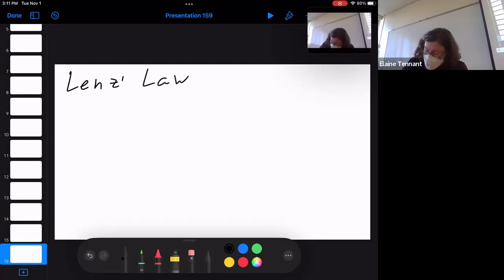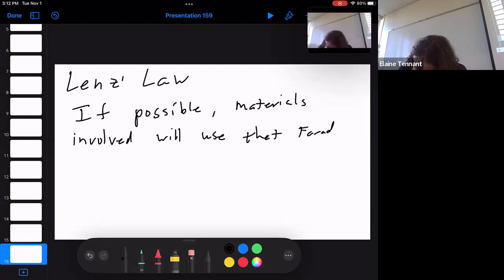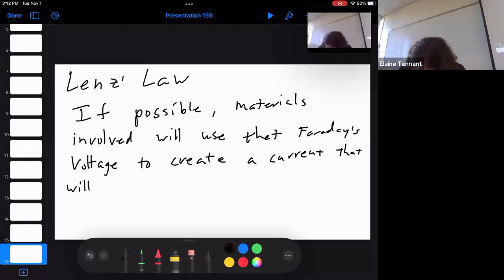Lenz's law says that if you have a voltage that shows up in one of these Faraday's law sort of situations, if possible, the surrounding materials, the materials involved, will use that voltage, that Faraday's voltage, to make a magnetic field.